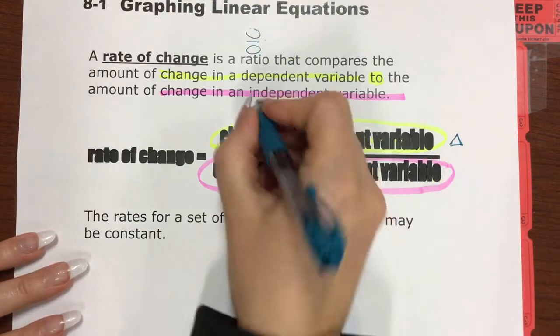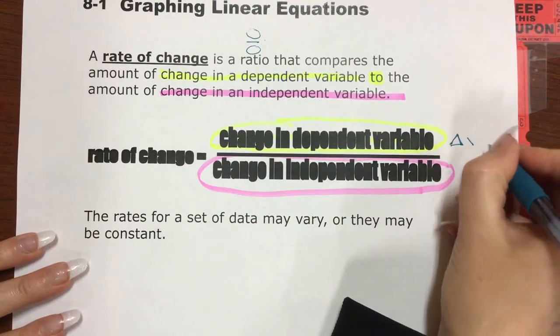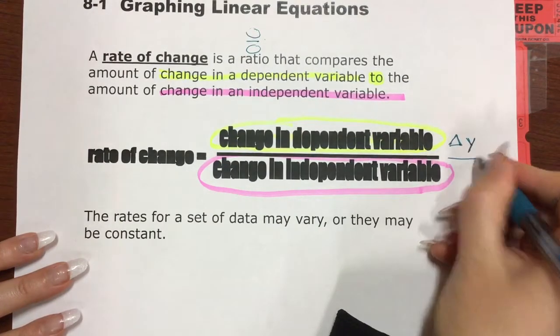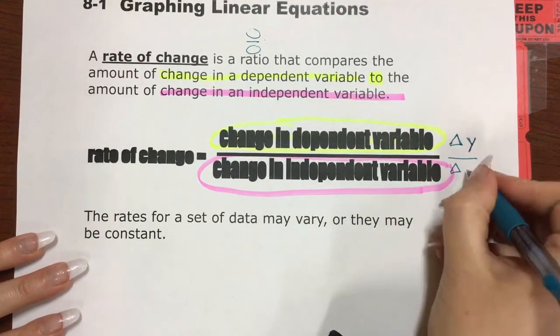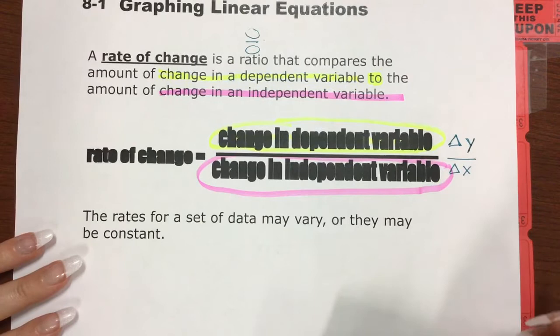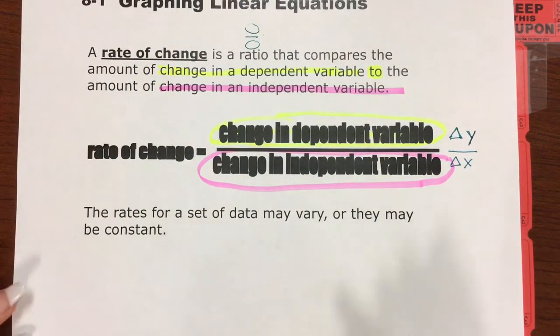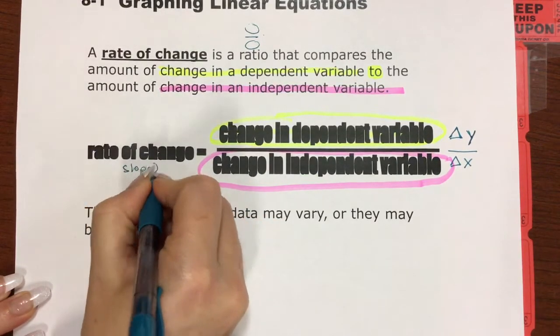So change is a triangle, and the dependent variables, those are the y's. The y's are the dependent variables, and the change in the independent variables are the x's. Okay, so rate of change is really the same thing as the slope. That's where you're going to be going.